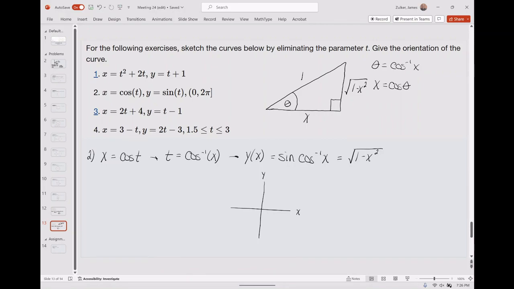There's another range that x can't take. So x can be less than 0, but it can't be less than -1.